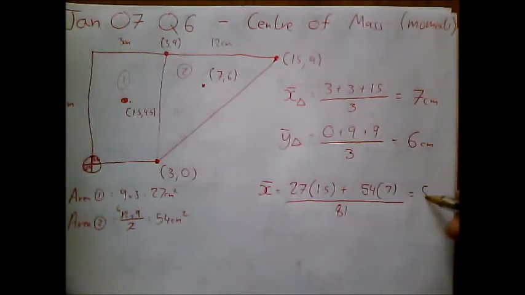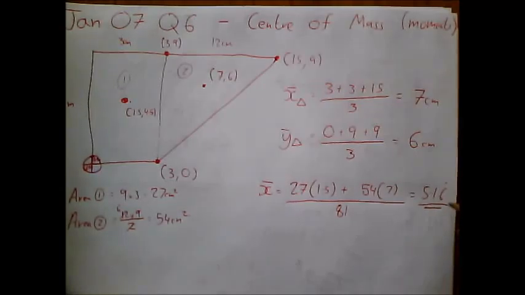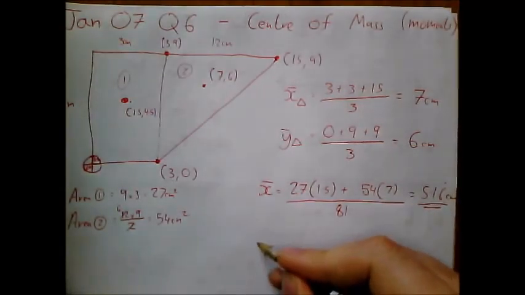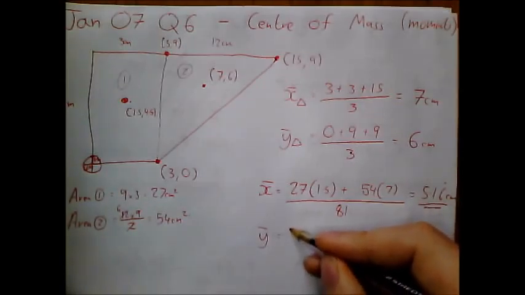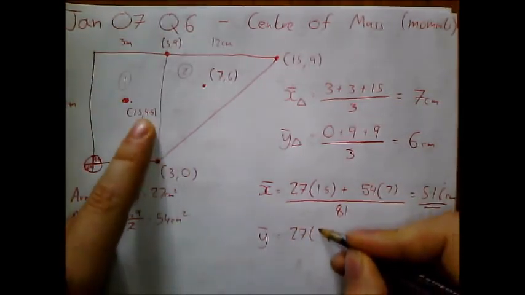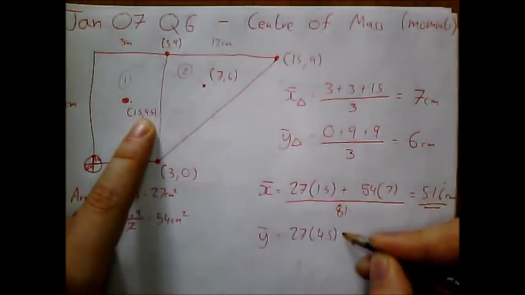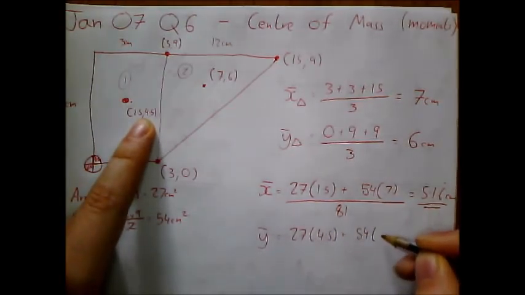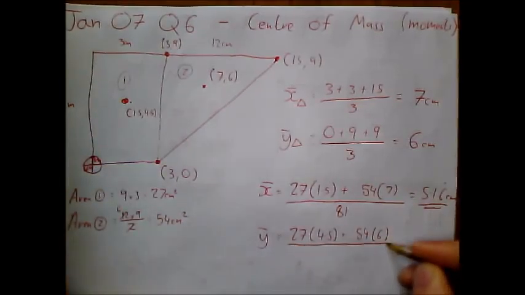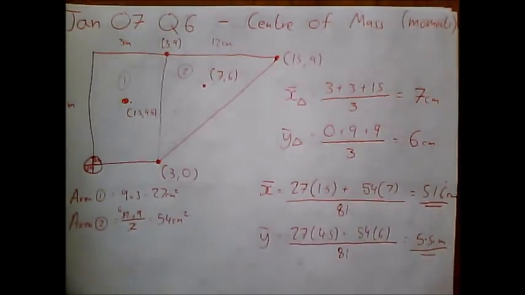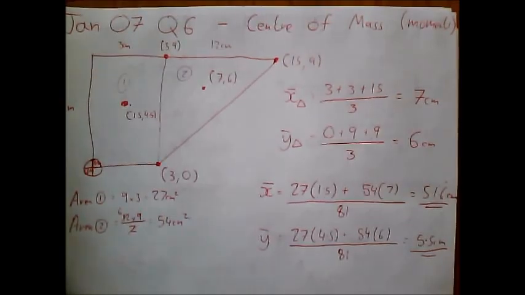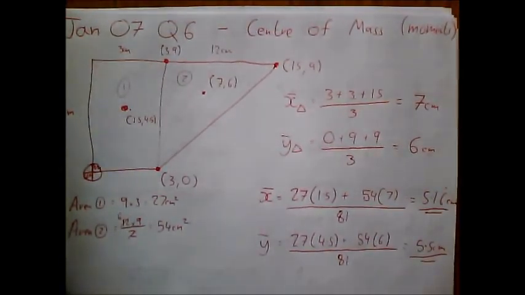Working that out, we get 5.16 recurring centimetres. And for y bar, we have 27 lots of 4.5 plus 54 lots of 6 all over 81, and this is 5.5 centimetres. That is part 1 done. Fairly straightforward, 8 marks there.